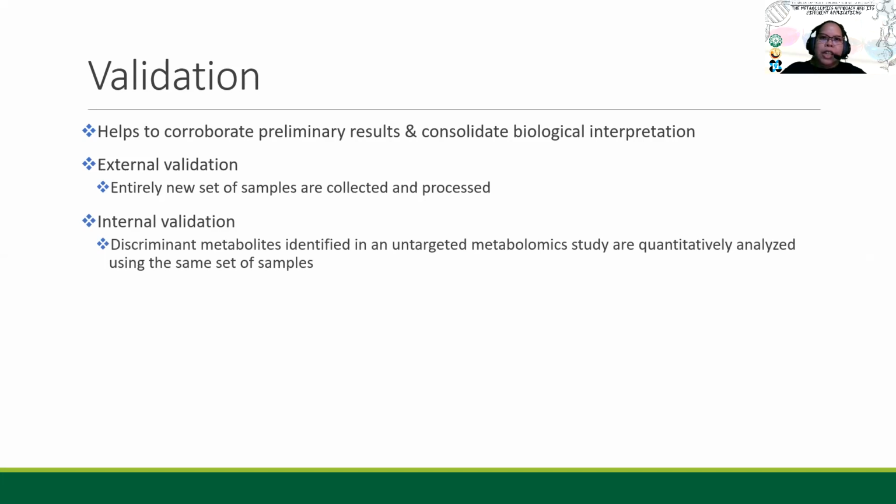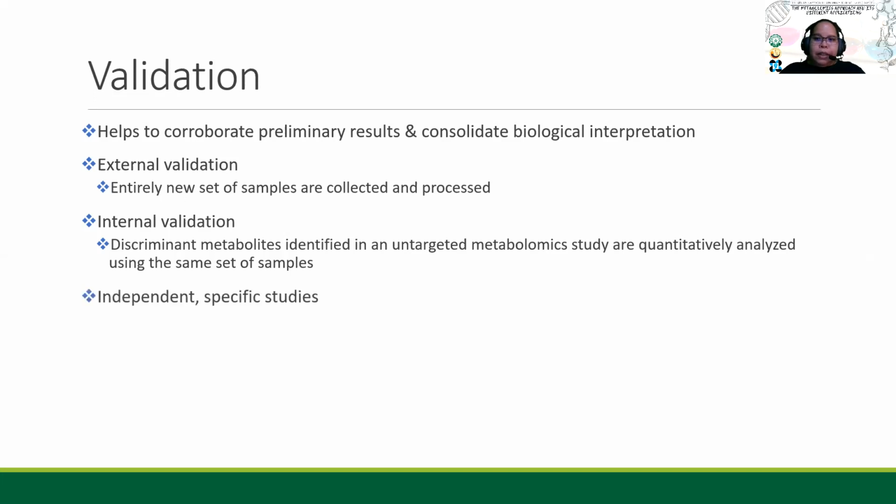So kung initially nag-conduct ka ng untargeted metabolomic study, you have identified the significantly perturbed metabolites and subsequently the pathways. You can then do a more focused analysis or a targeted analysis of those specific pathways and metabolites using the same set of samples. So that is internal validation.